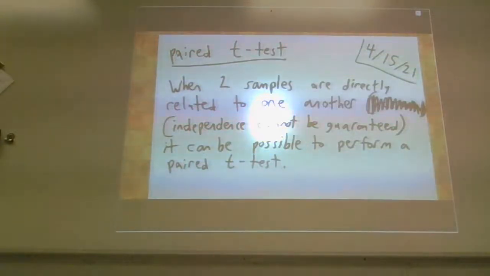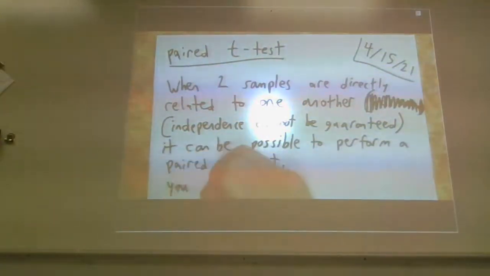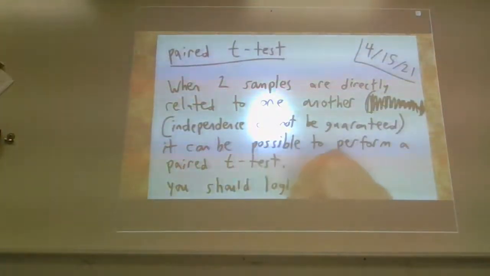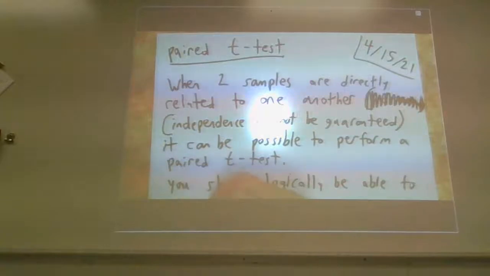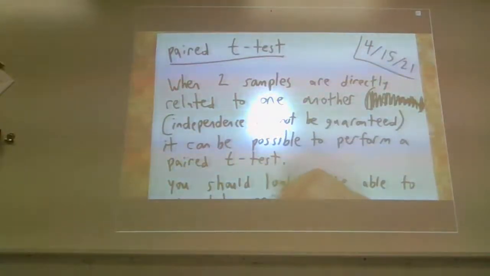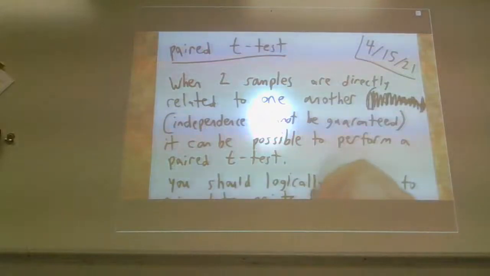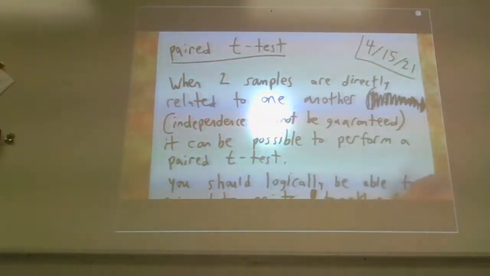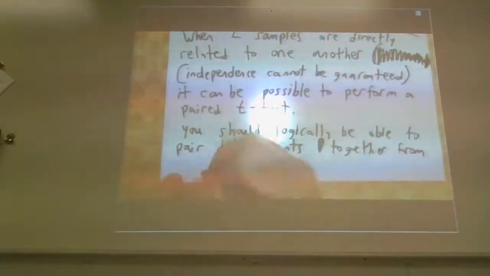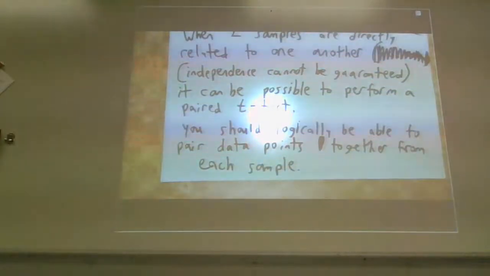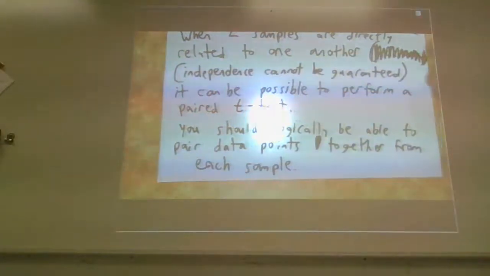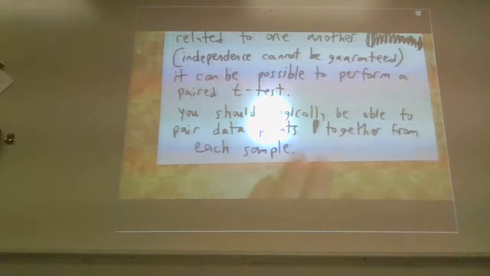You should logically be able to pair data points together from each sample. And I say you should logically be able to. You can't just force it. You can't just say, well, I'm going to pair them together. No, what's your justification? There has to be a justification behind pairing those data points together.